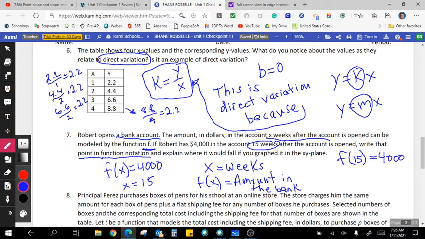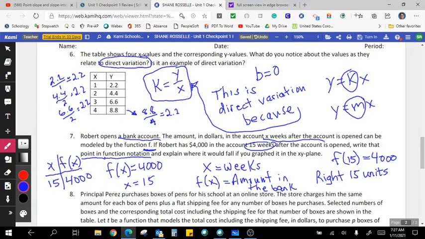Okay? And explain where it would fall if you graphed it in the xy plane. So you would go right 15 units, because like you could write the table out here, x and f of x, just like x and y, same thing. 15, 4,000.